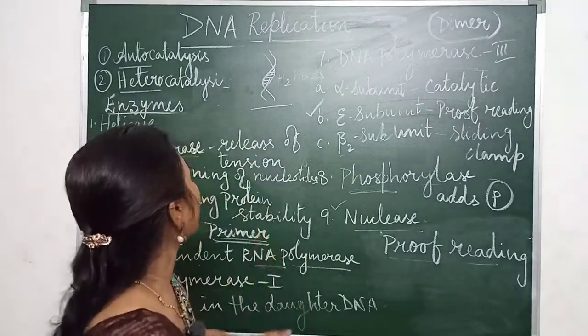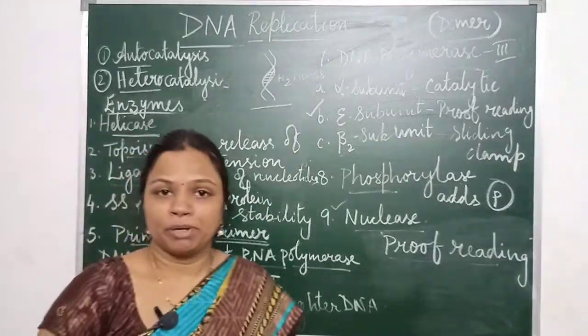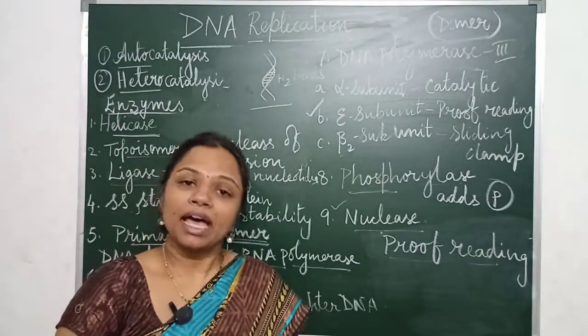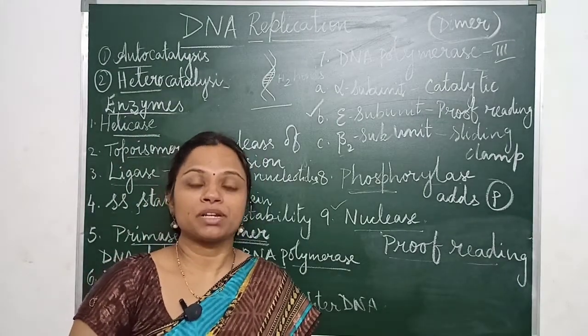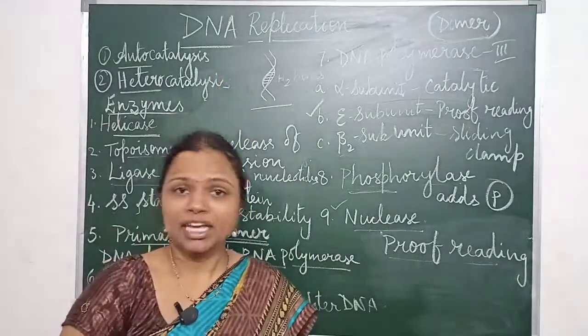So this is about the enzymes that are required for DNA replication. Next we will be learning about the different steps that take place in the process of DNA replication.